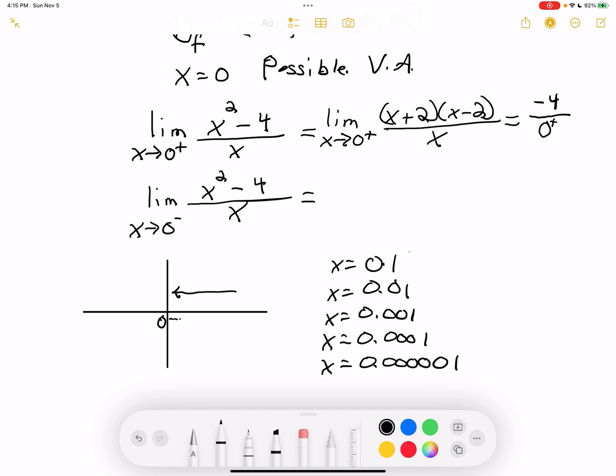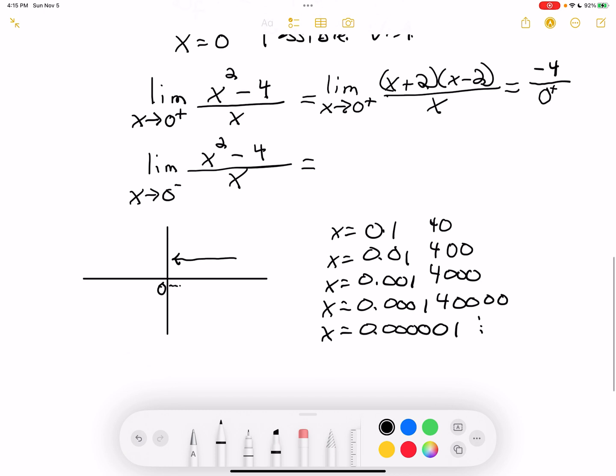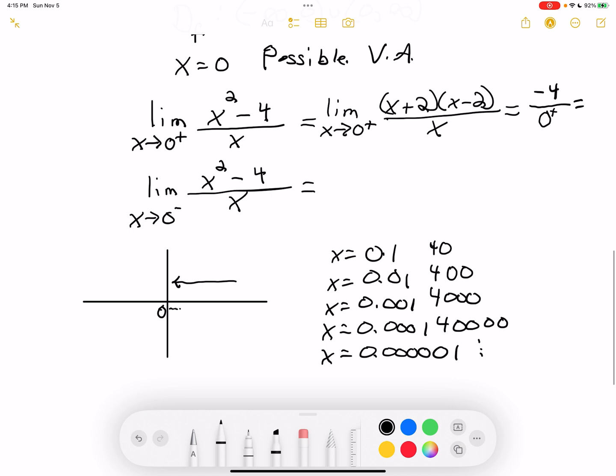Well, 4 divided by 0.1 is 40. 0.01, 400. By 0.001, 4,000. 40,000. It's getting larger and larger and larger. And I'm really sorry. This should be -40, -400, -4,000, because this -4 is negative in the numerator.